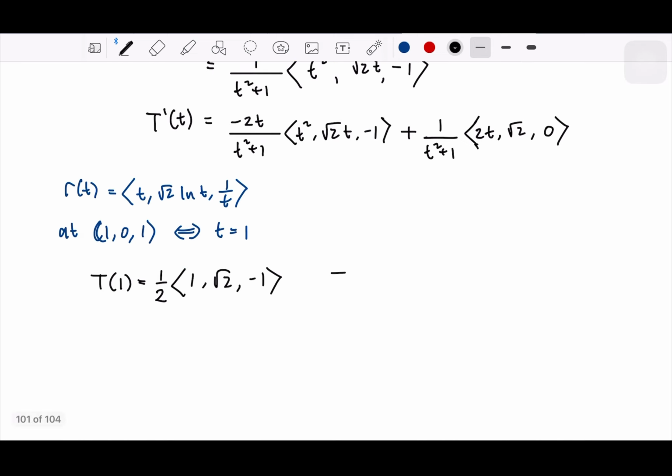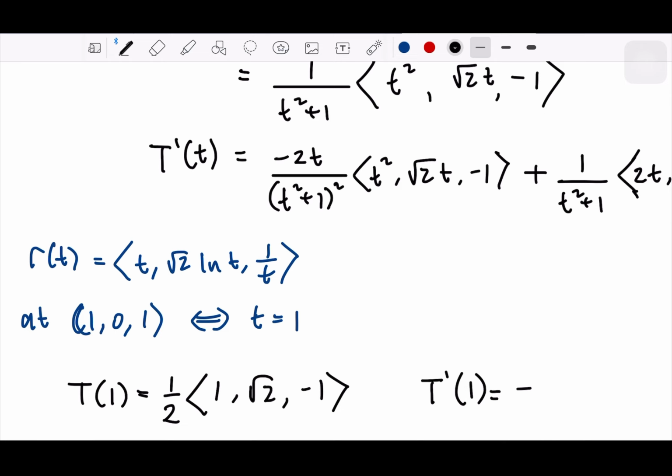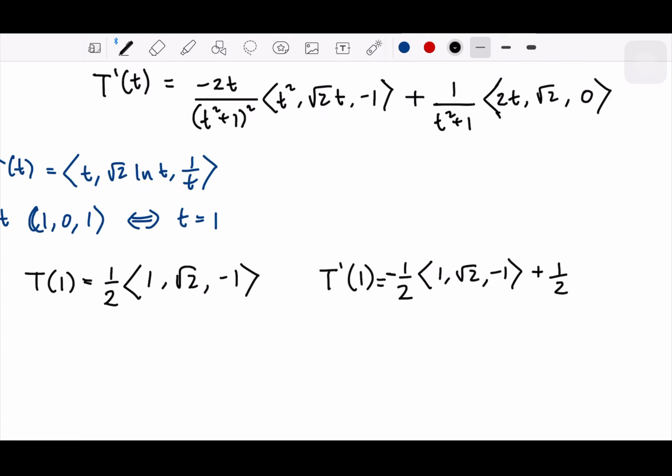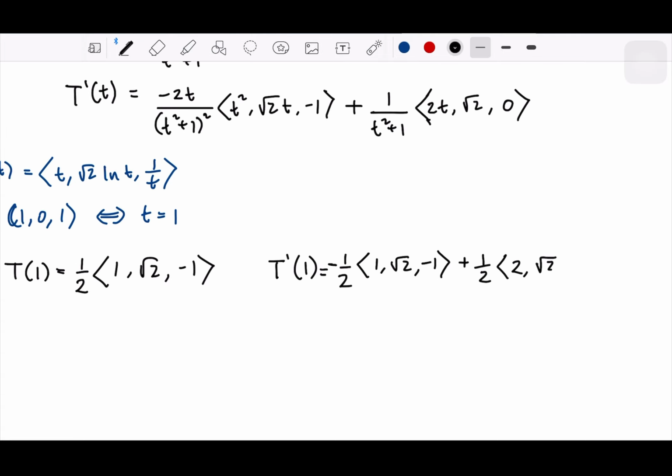And T prime will be negative 1 over 2, (1, square root of 2, negative 1), sorry, I forgot the square, plus half of (2, square root of 2, 0).